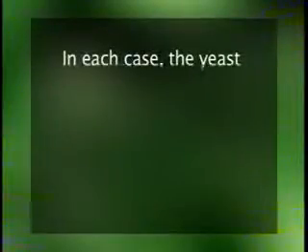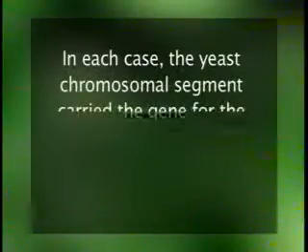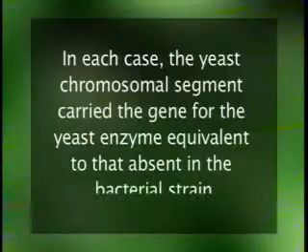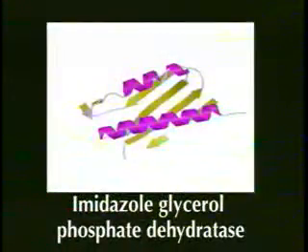In each case, the yeast chromosomal segment carried the gene for the yeast enzyme equivalent to that absent in the bacterial strain. Thus, the yeast HIS3 gene was able to be expressed in a bacterial cell and produce the yeast version of the enzyme imidazole glycerol phosphate dehydratase, and thereby complement the mutation in the bacterial hisB strain.